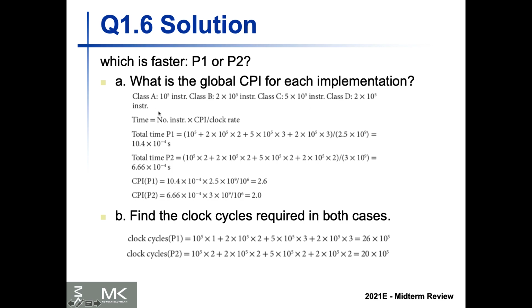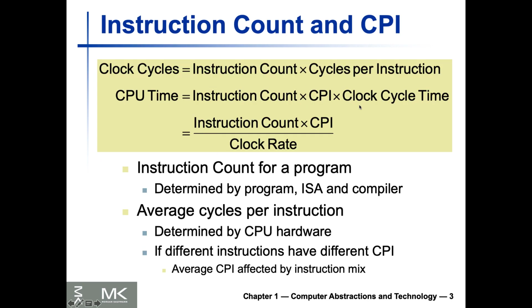So you can simply find the total time for P1 and the total time for P2 using the values given already. You needed only the number of instructions multiplied by CPI divided by the clock rate, just like what you had here as your CPU time.